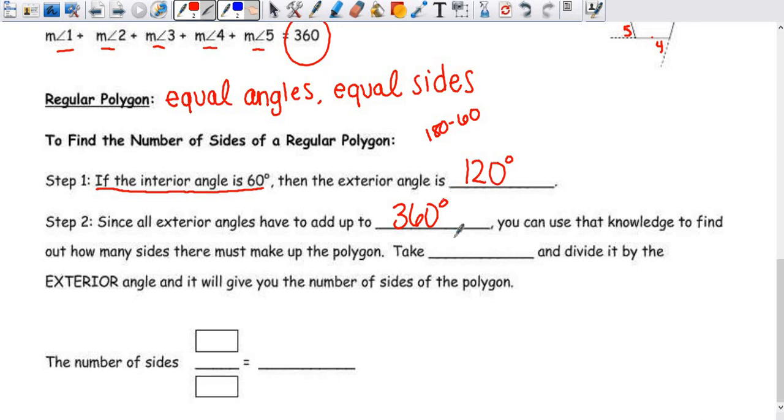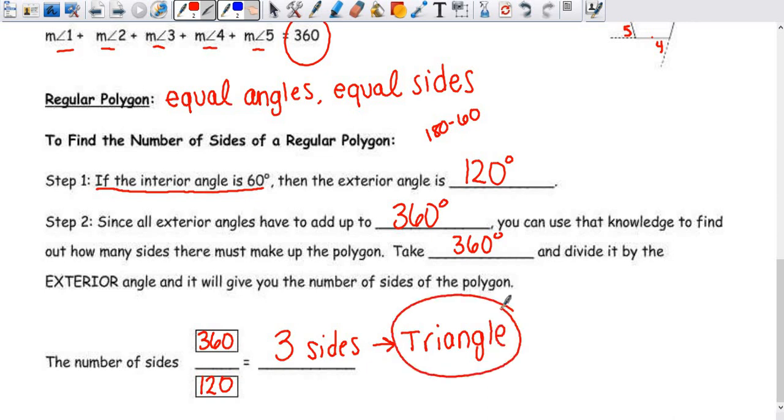So you take that 360 total degrees and divide it by the exterior angle, and it will give you the number of sides. So down here, we take 360 total degrees, and we'll divide it by one exterior angle, which is 120. So 360 divided by 120 ends up being 3 sides. So then I know this shape is a triangle. All right?